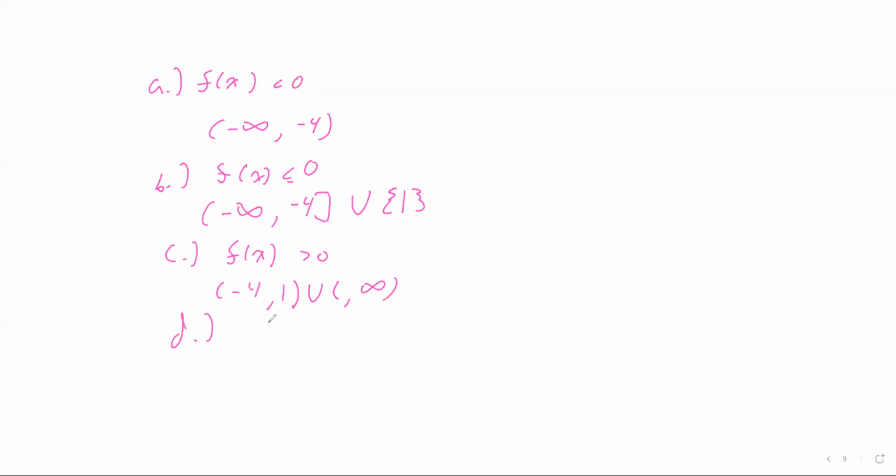And then part D, I'm asking for when f of x is greater than or equal to 0. So this time I can include -4. I can also include 1. So I can just go straight from here. So that's all it's doing on that one. You just take a graph and tell me when it's less than 0, when it's greater than 0, when it's less than or equal to 0, or greater than or equal to 0.